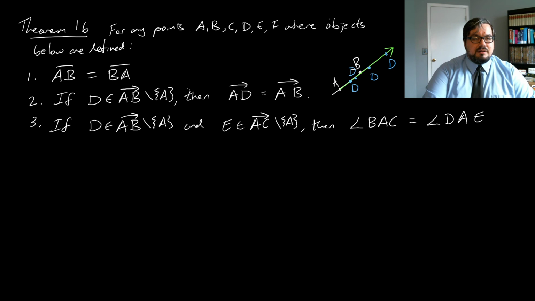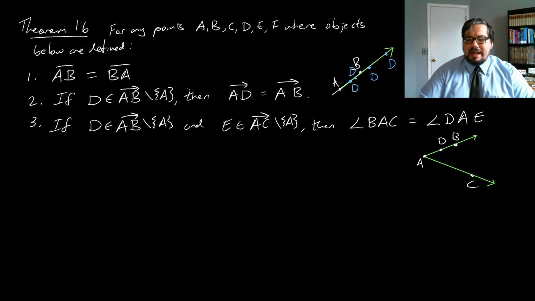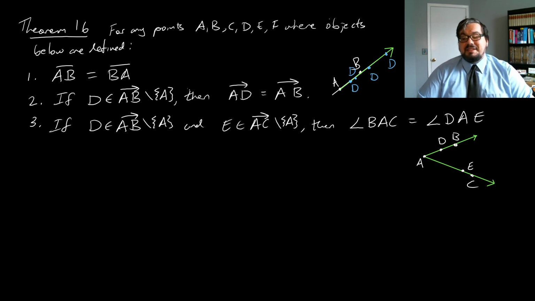So the picture here is that if I've got an angle and I've got points A, B, and C, so here I've got angle BAC, and then I pick any other point on the ray AB, and I pick any other point on the ray AC, then that's going to give me the same angle.